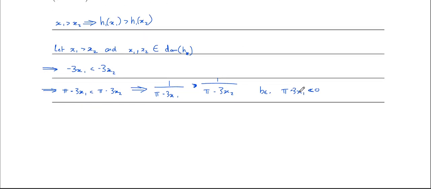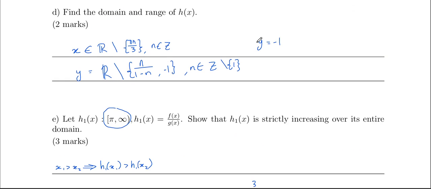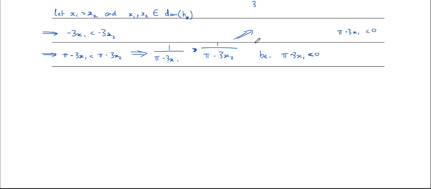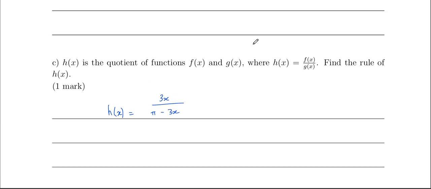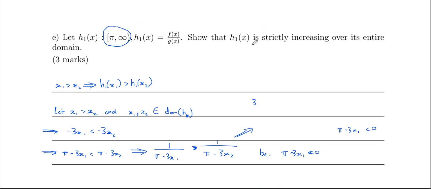So if x1 is greater than pi, then pi minus 3 times x1 is going to be less than 0. Same with x2. So that's why we can change the sign. And then therefore, what's the function? 3x over pi minus 3x.